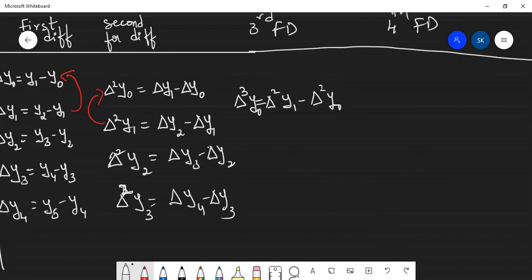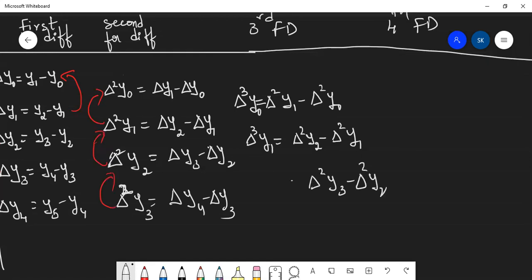Similarly, delta square y2 minus delta square y1 gives delta cube y1, written in between. Then delta square y3 minus delta square y2 is delta cube y2. Now you have three terms.